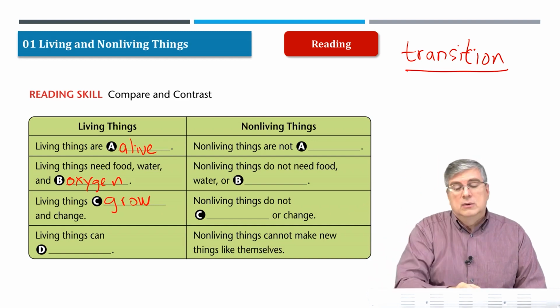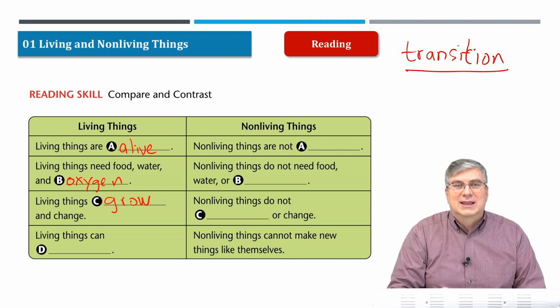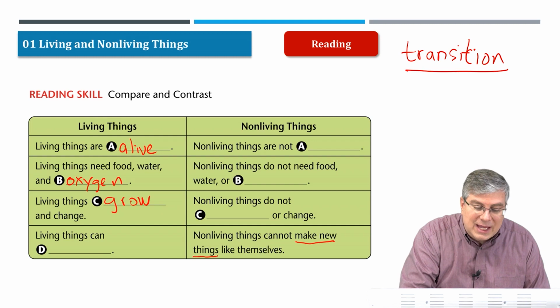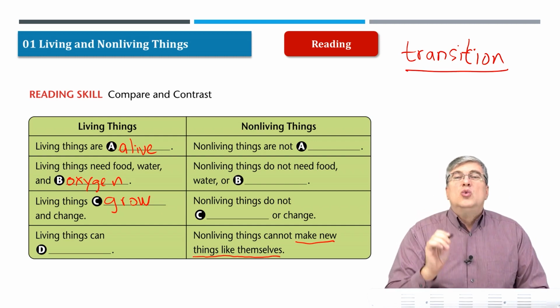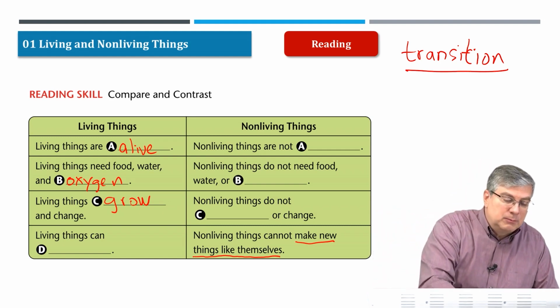Which one is it? Let's look over. Non-living things cannot make new things like themselves. Aha! Make new things like themselves. What does that mean? The vocabulary word was reproduce. So we want to show the exact difference, so we need to put that here. Reproduce.